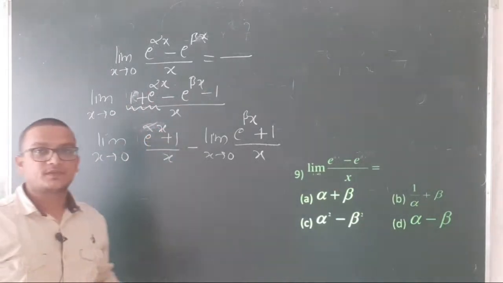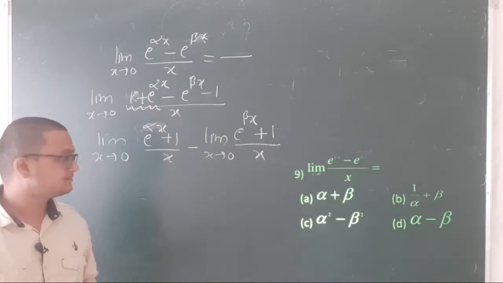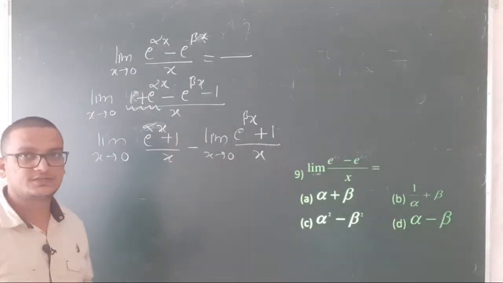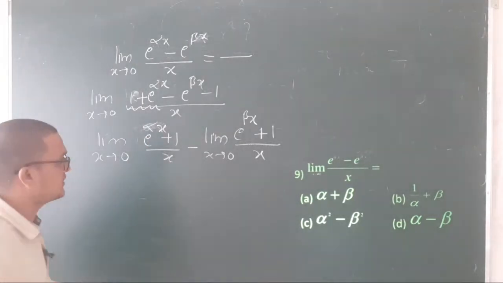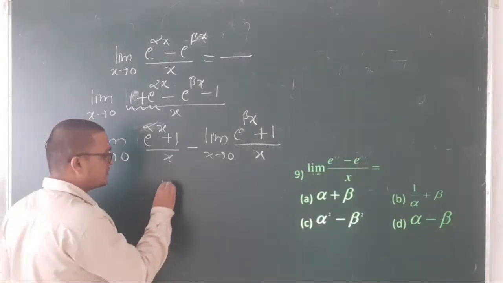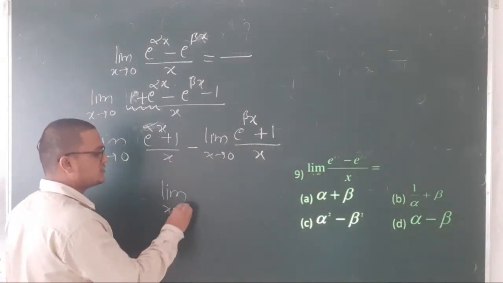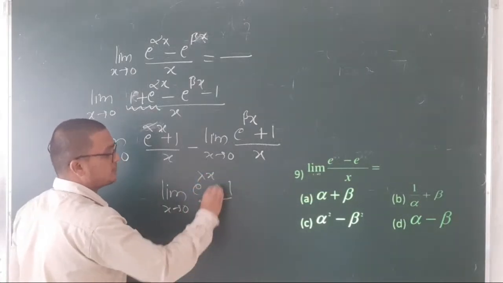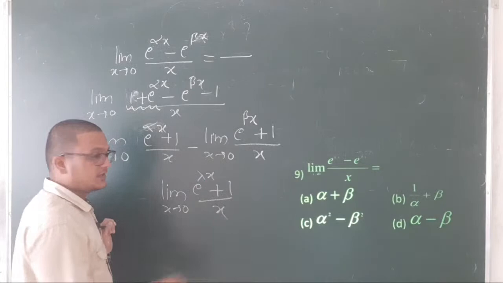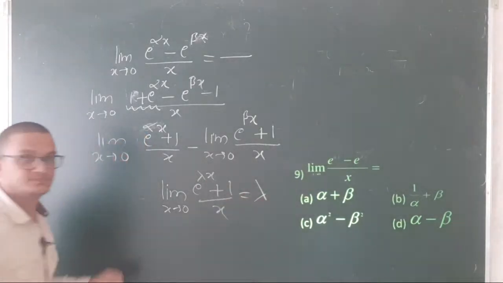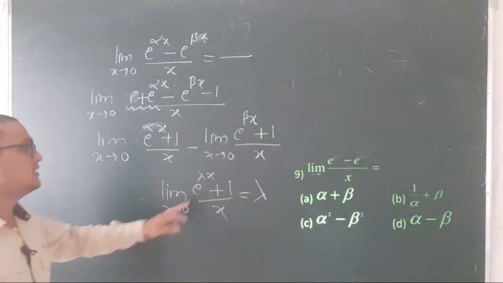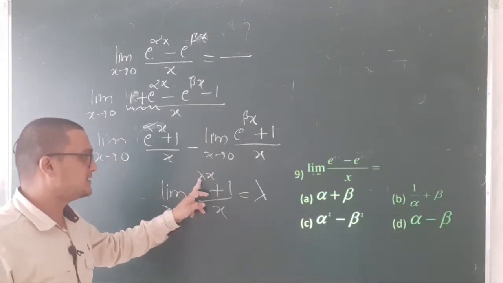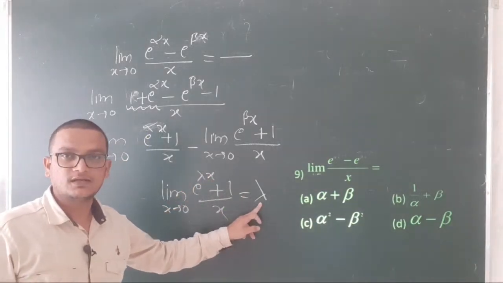When I taught you the properties of limits, one result was there. Which one? Limit x tends to 0, e to the power lambda x minus 1 upon x. Its answer is lambda, meaning whatever the x coefficient is, that is the value of that limit.